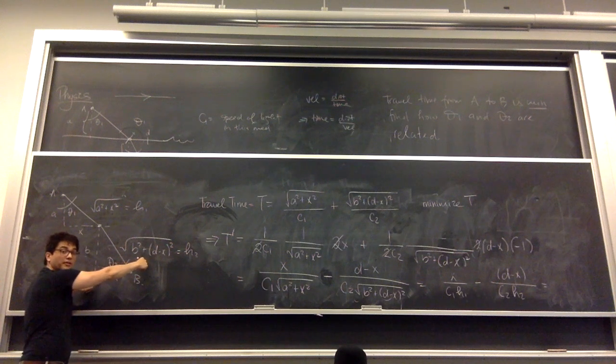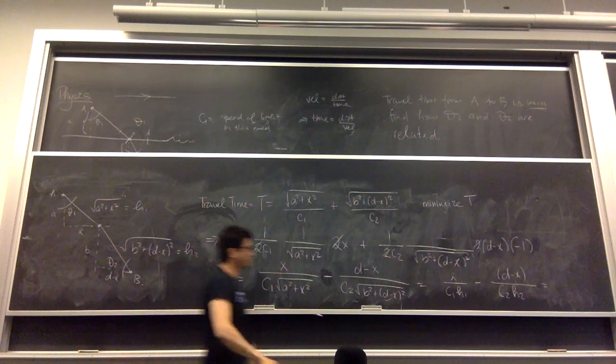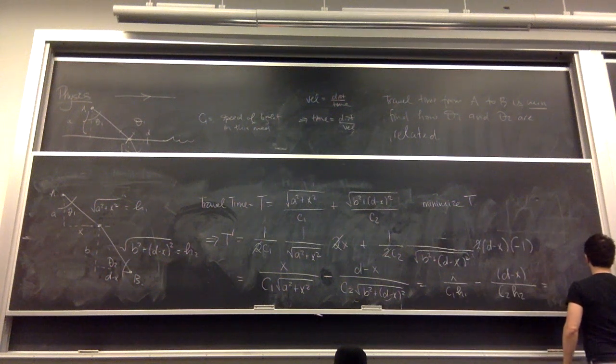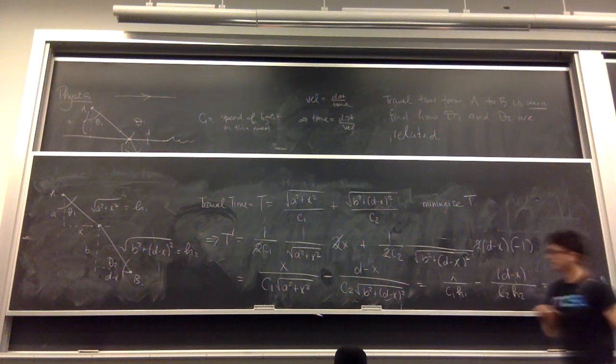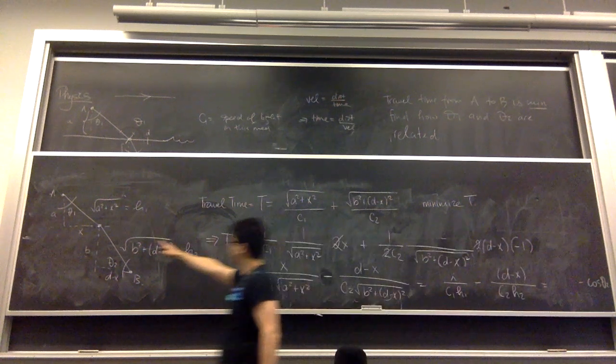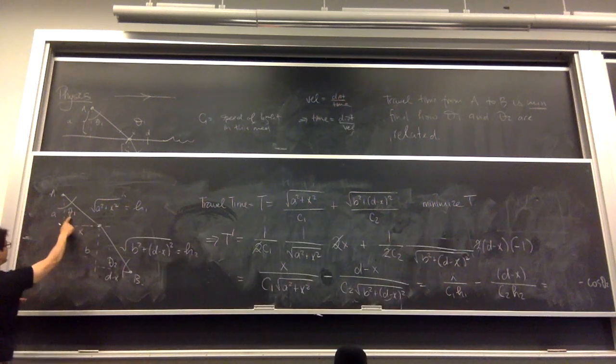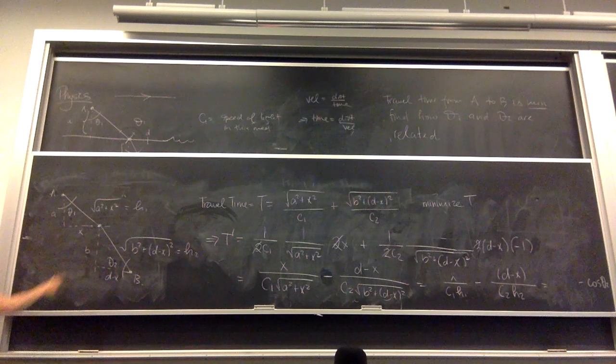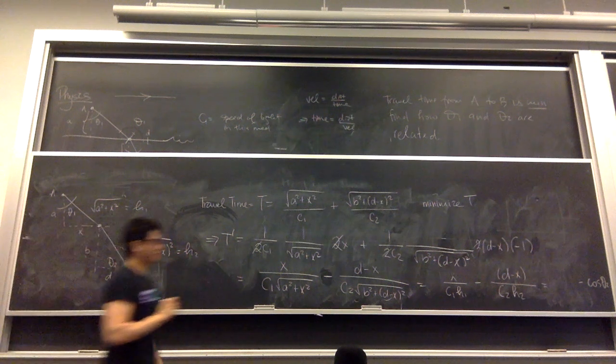What's that ratio? It's cos theta 2. What's the other one? Be careful because the angle is here. So what's the opposite over hypotenuse? Opposite over hypotenuse. Oh, yeah. Sine, yeah.